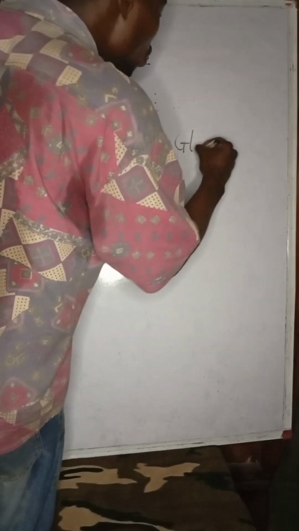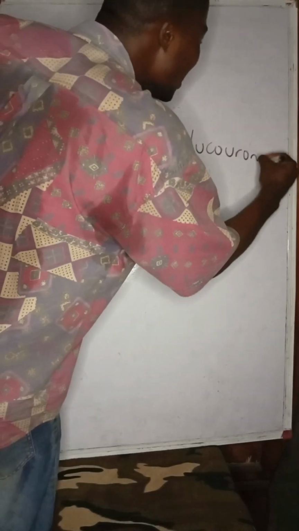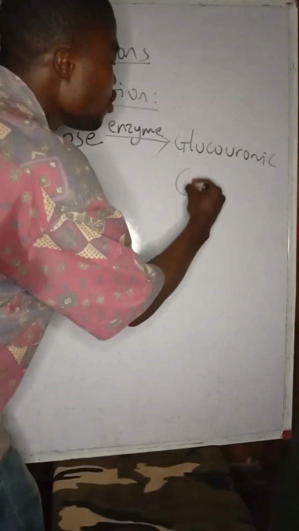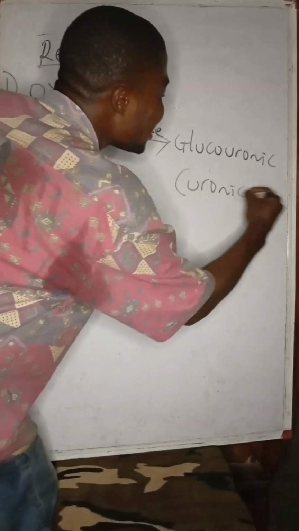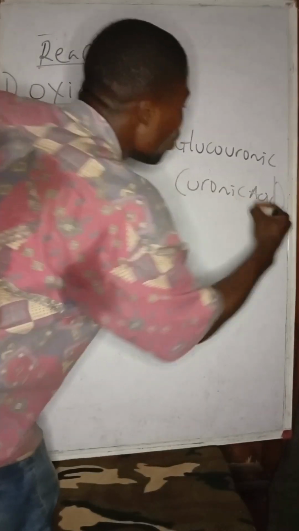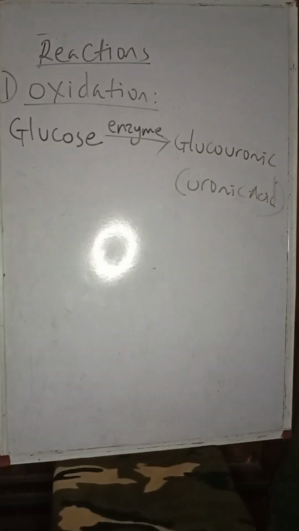With special enzymes, glucose can be oxidized at only position 6. So only position 6 will be oxidized, and when glucose is oxidized at only position 6, you form glucuronic acid. So in general, we use the word uronic acid.